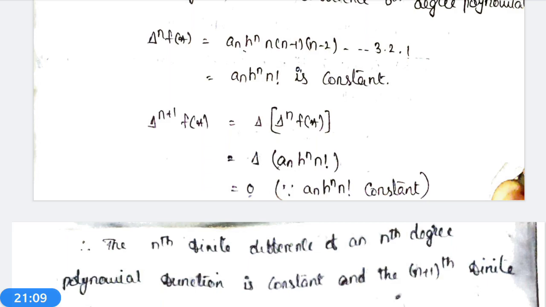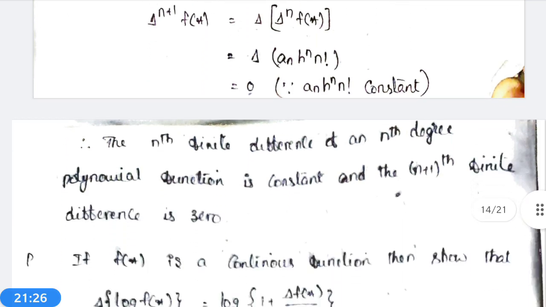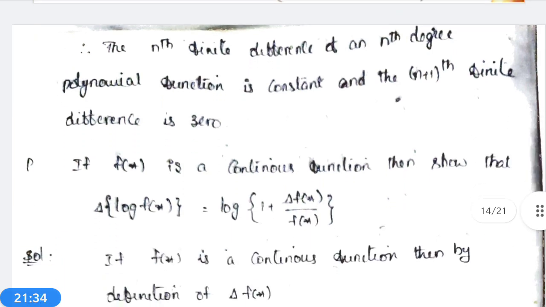Now, delta of delta power n, which is delta power n plus 1 fx, is equal to delta of k. What is delta of k from the properties of finite difference operator? 0. Therefore, delta power n plus 1 fx is equal to 0. This is the theorem. So, therefore, nth finite difference of an nth degree polynomial is constant and n plus 1 finite difference of an nth degree polynomial is 0.